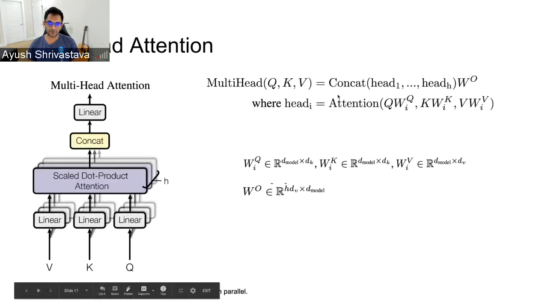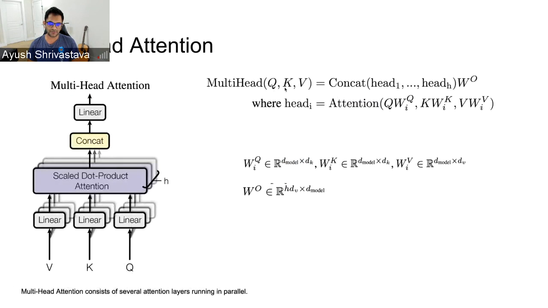In the form of an equation, you can see that the input is Q, K and V, and for the ith head we transform them into some different space and then do attention. After that we concatenate them, and then we have a W^O projection that projects them back into the initial space.